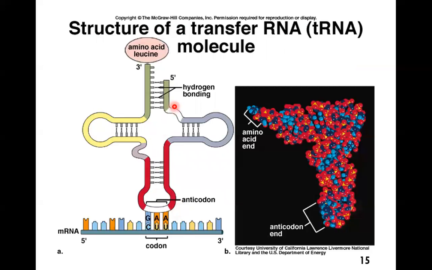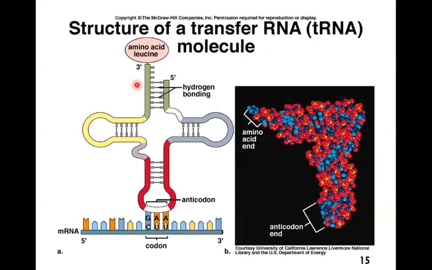This is the structure of tRNA. We have 4 arms for tRNA. This is the 3-dimensional structure of tRNA. This is the amino acid. This is tRNA for the amino acid leucine.